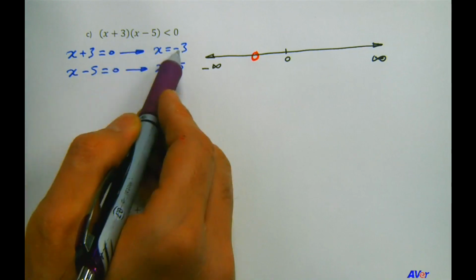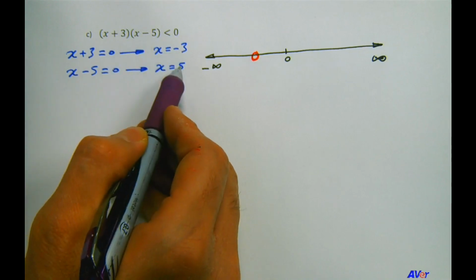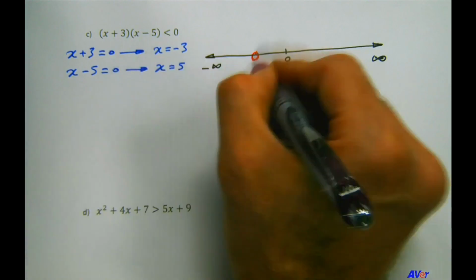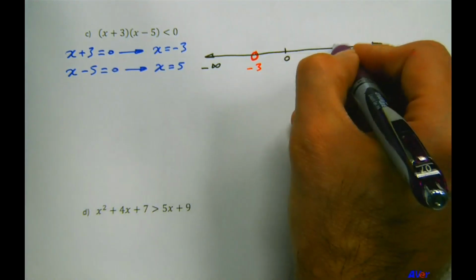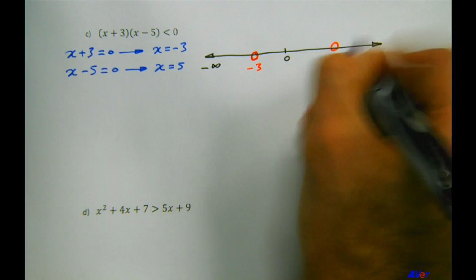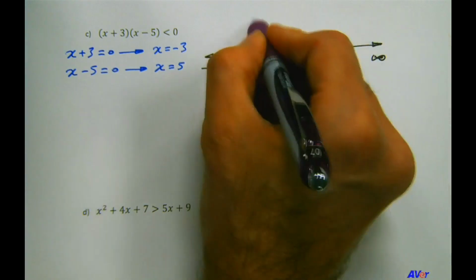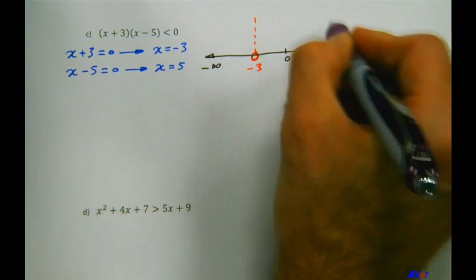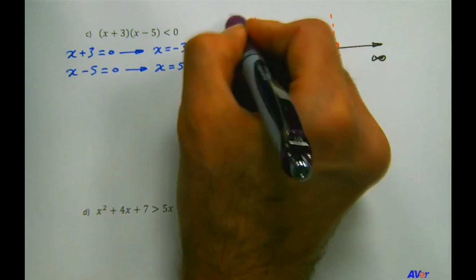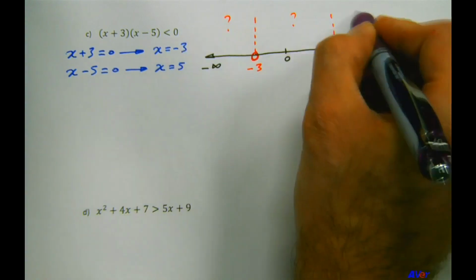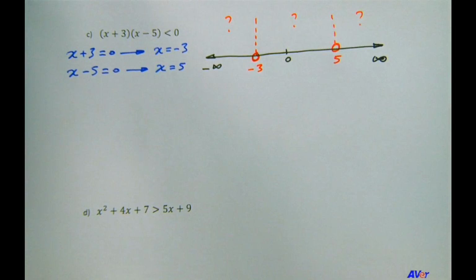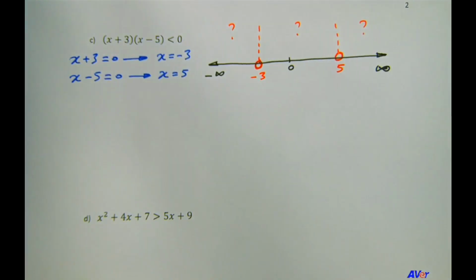So negative 3 and 5 are excluded from the solution. For that reason, I put a hollow circle and a dashed line over each. So we have these three regions to check, right?